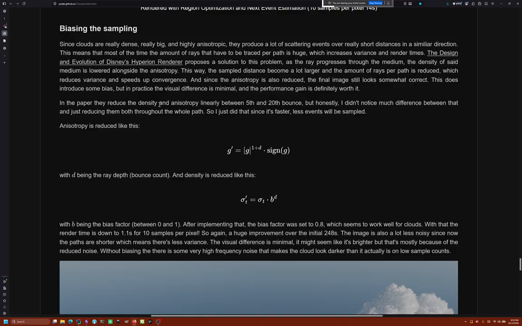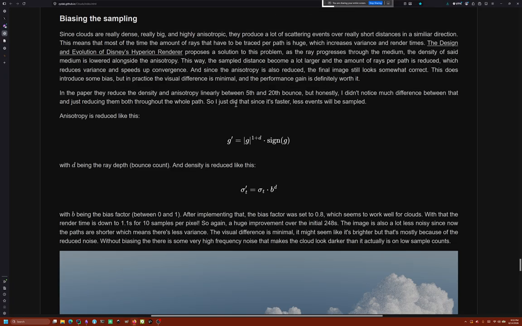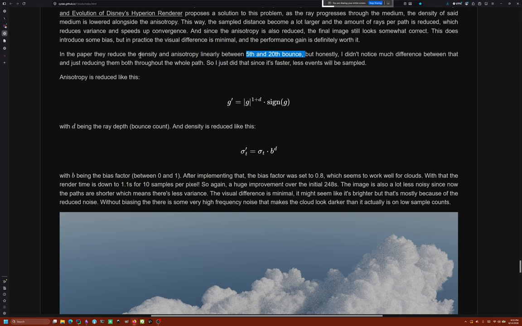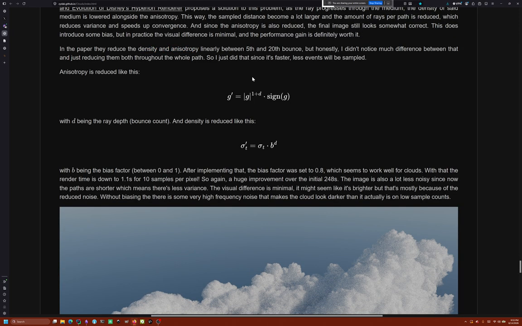So they're saying that they reduce the density and anisotropy linearly between the 5th and 20th bounce. So that's changing the scattering coefficients to take longer steps, I guess.